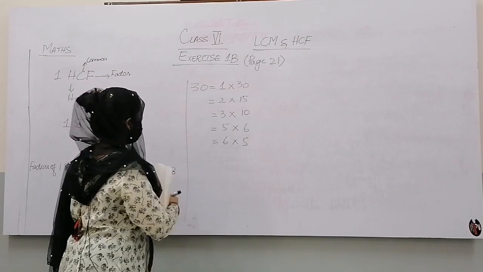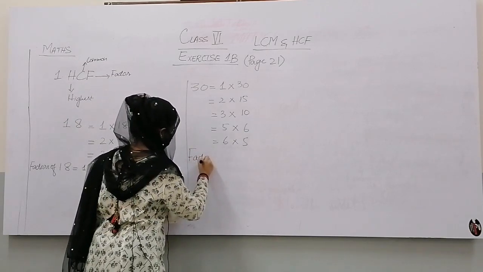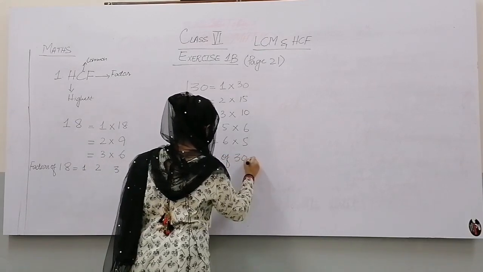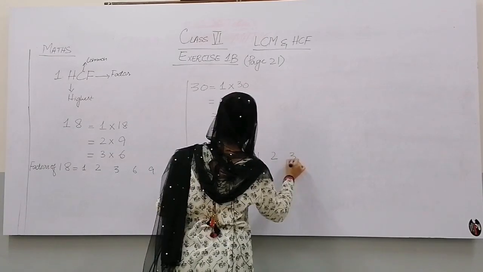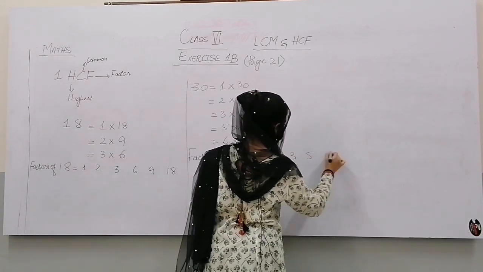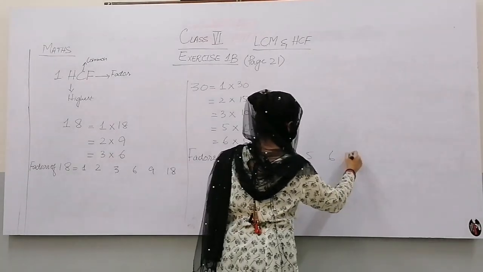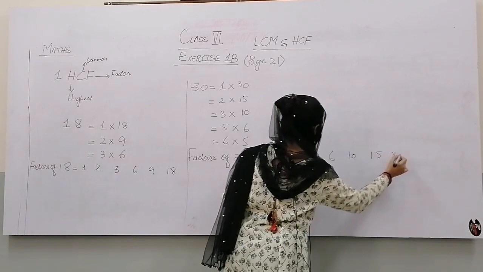First, we will write factors of 30. One, 2, 3, 5, 6. You do not need to repeat the numbers. 10, 15 and 30.